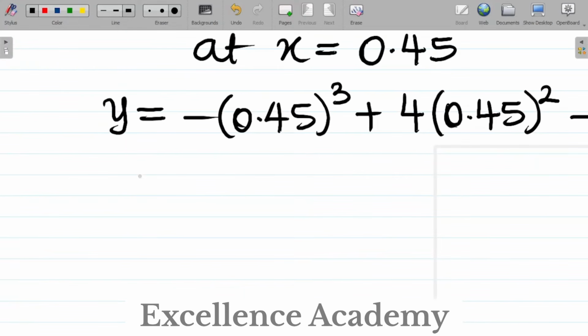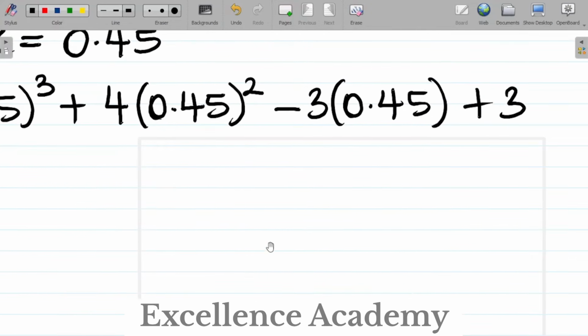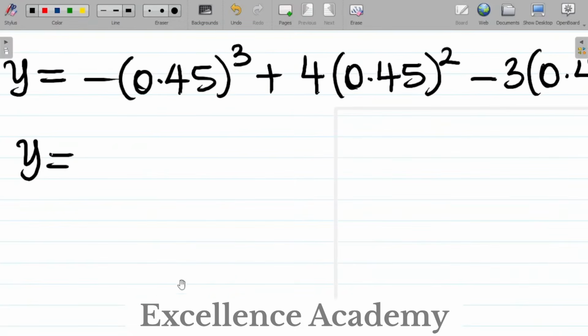If I impute this, y is equal to minus 0.45 cubed plus 4 into 0.45 squared minus 3 into 0.45, then plus 3. Your answer gives you about 2.37.